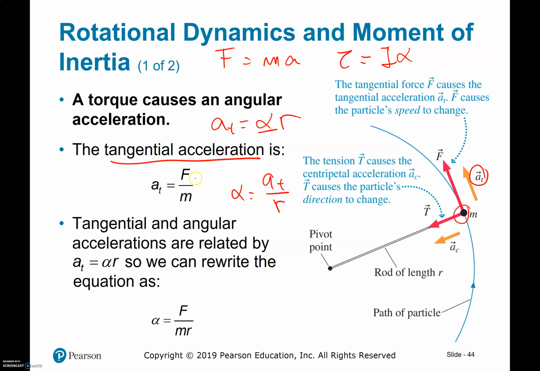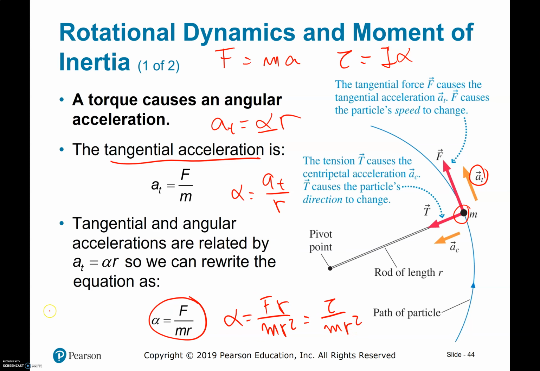So we can plug this here and we get this equation, right? So alpha is F divided by mr. So now if I multiply by r top and bottom, I get alpha is equal to Fr divided by mr squared. Or this is the torque on top, and then you get mr squared.